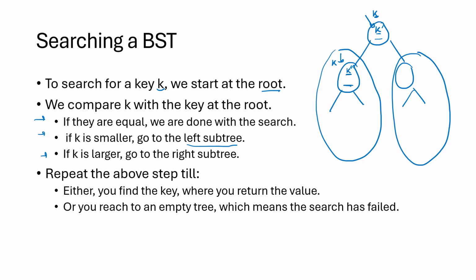That means that the key that we are looking for, or in the case of the phone book, the name that we are looking for, does not exist in the data structure, and that means that your search has failed. So these are the base cases for this recursive algorithm.